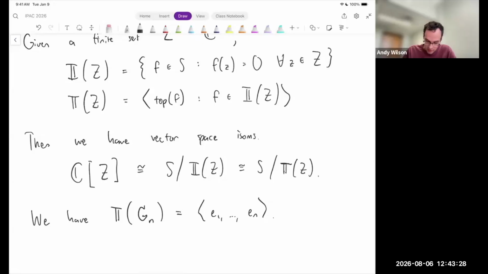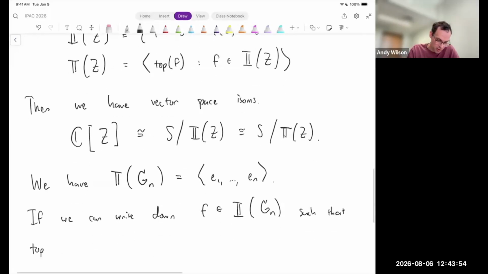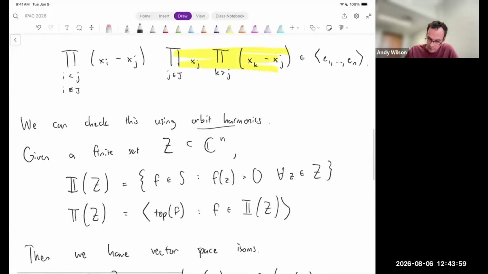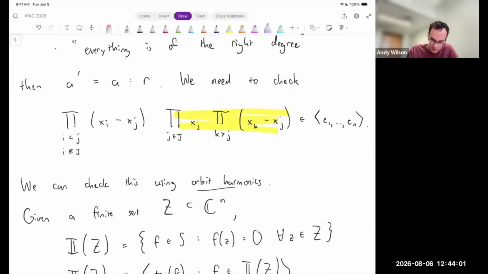So what does that mean? We can use this if we can write down some polynomial F that vanishes on all of these n factorial many points, such that the top homogeneous component of F is equal to this thing.